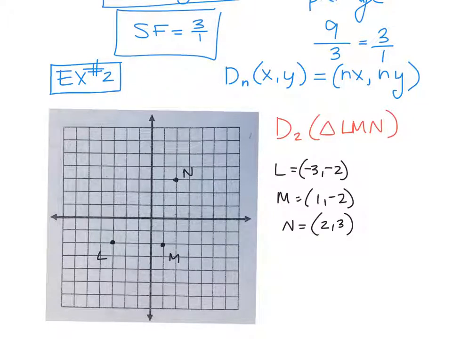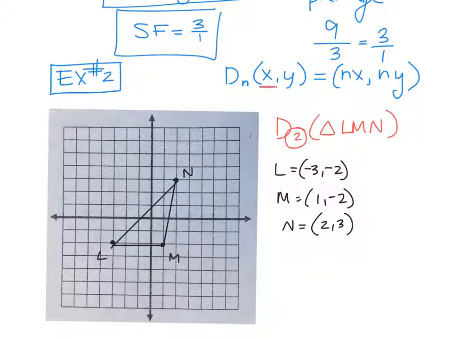Okay, so this is our pre-image. We're going to draw that triangle in. What they're asking us to do is dilate with a scale factor of 2.